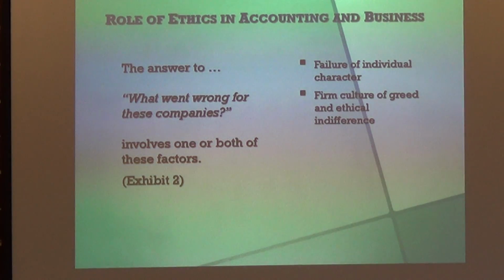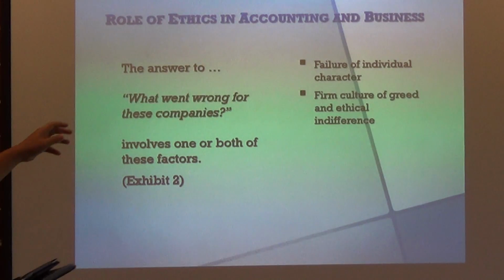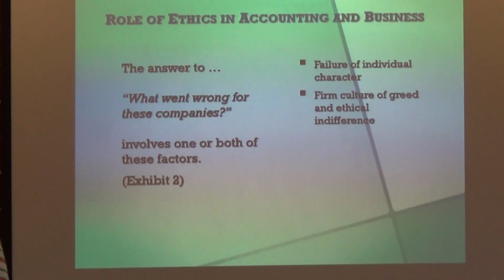All right, so if you take a look at the slide here, it really comes down to two things: why ethical issues happen. The first one, as you can see there, is failure by an individual character. One person creating the problem. And typically, that person is doing that for a reason. It's either for financial gain or to keep their job.